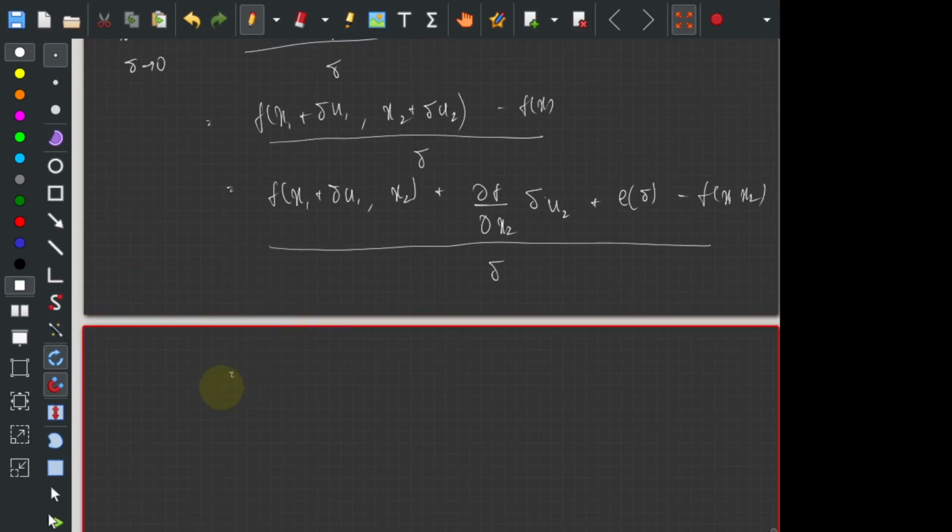Okay, I'll repeat the same thing. Now I can view this as a function of x1.